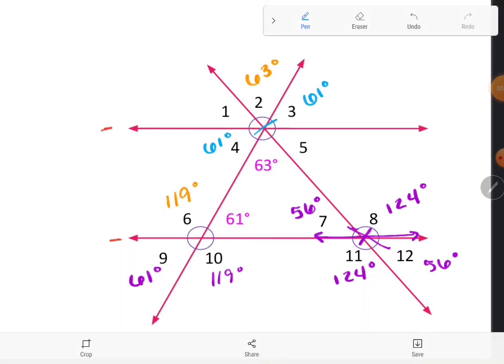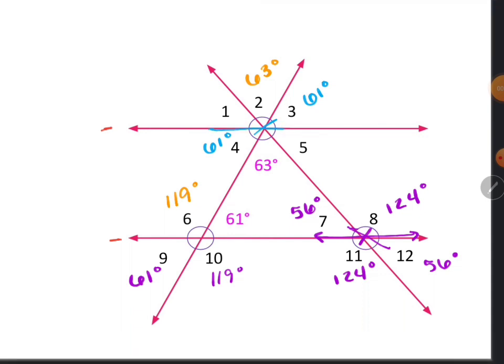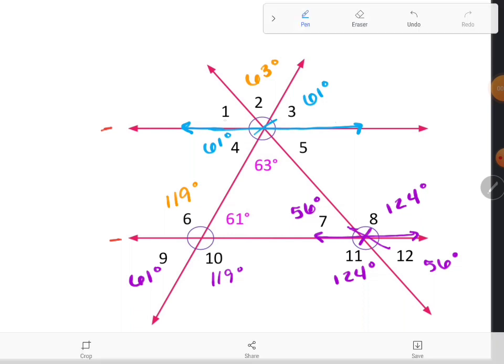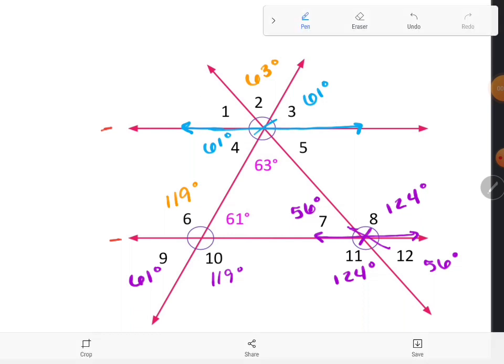Now we need to solve for 1 and 5. If you'll notice, we have a straight line going across right here. That whole line is going to make 180 degrees altogether based off of the 3 angles. And you can add up the bottom or the top. I'm going to go ahead and do the top. They're pretty much the same thing, same numbers. You're going to do 63 plus 61, which gives you 124. Well, that sounds similar.